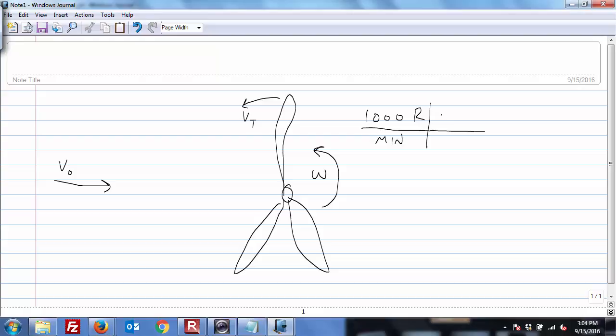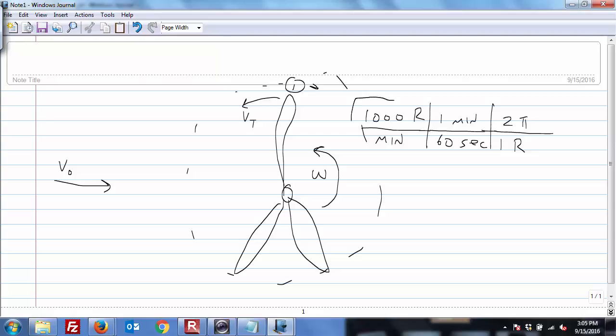So 1 minute is 60 seconds, and one rotation, let's just call this tip blade 1 going all the way around, coming back to its original location, that's just 2 pi radians. So one circle is 2 pi radians.